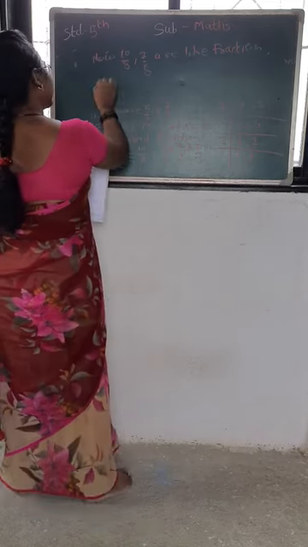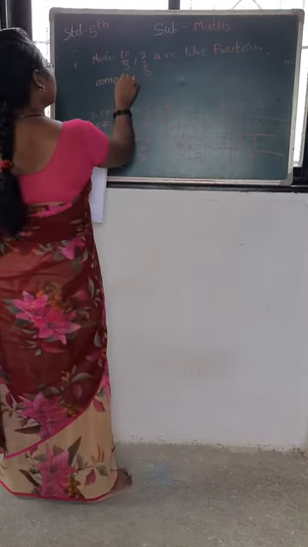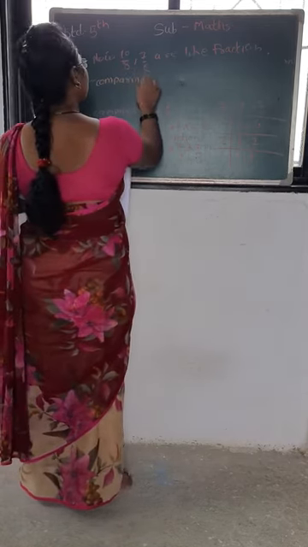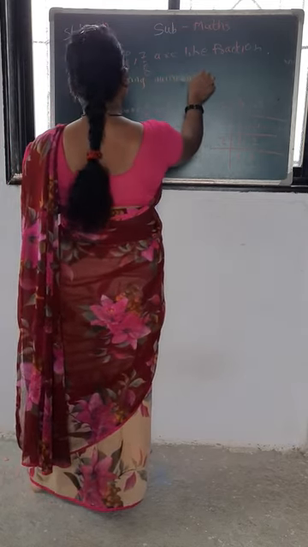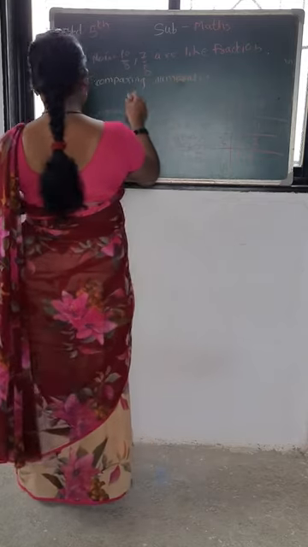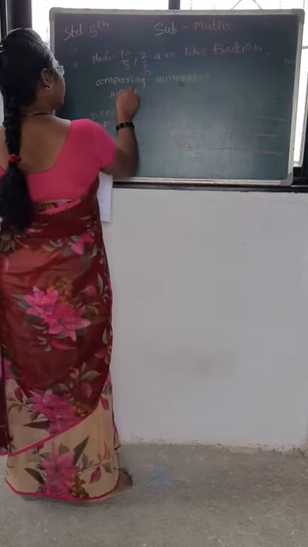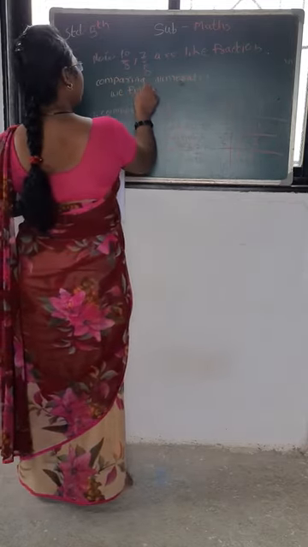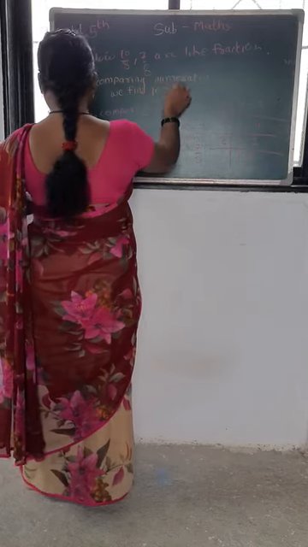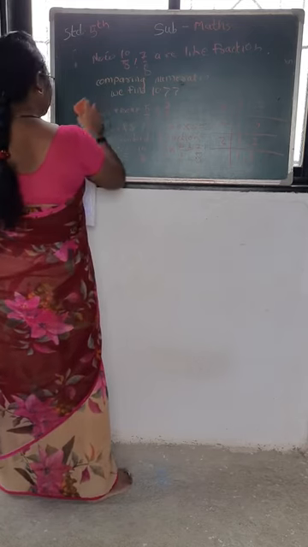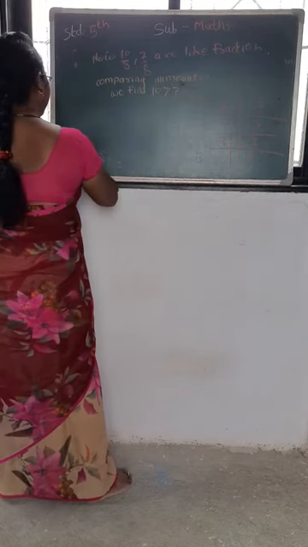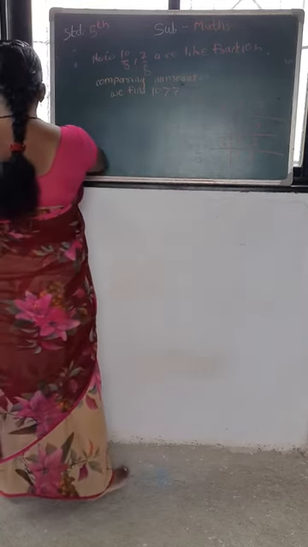Comparing numerators, we find 10 is greater than 7.